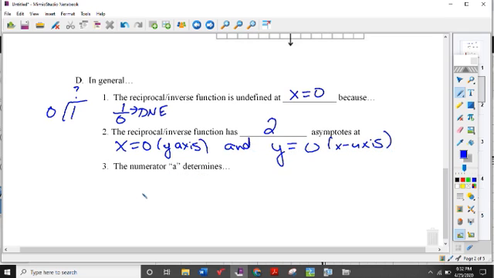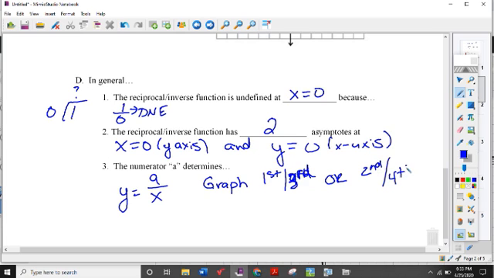And the numerator a in y equals a over x determines whether or not your graph is in the first and third quadrants, or the second and fourth quadrants.